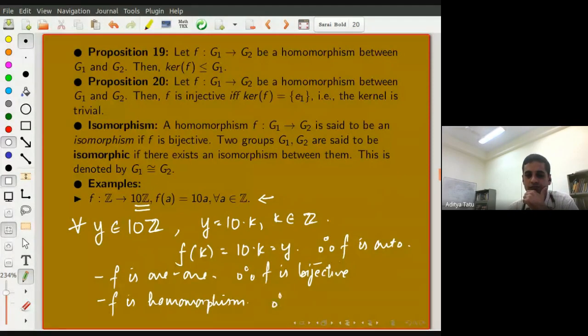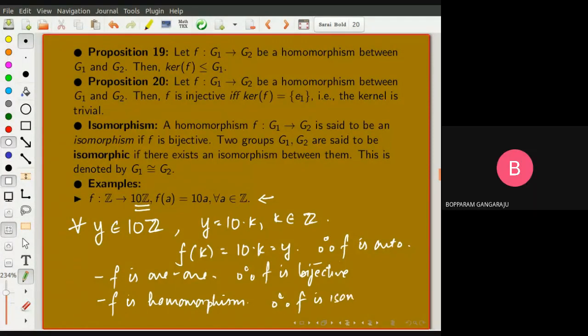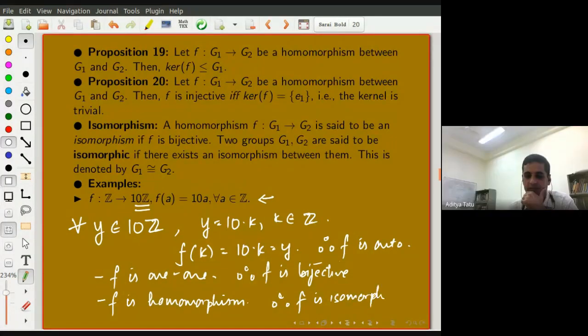So, f is an isomorphism, which means that Z is isomorphic to 10Z. So, sort of a strange result. One could say that 10Z seems to be a subset of Z, but it still has the same number of elements.